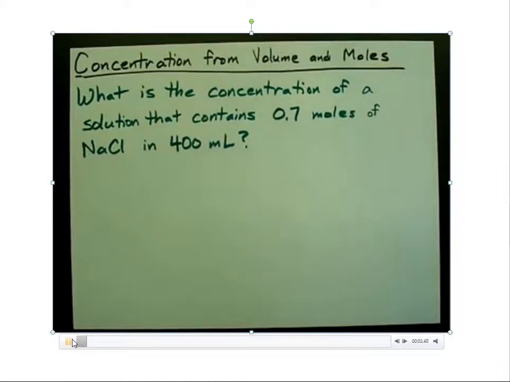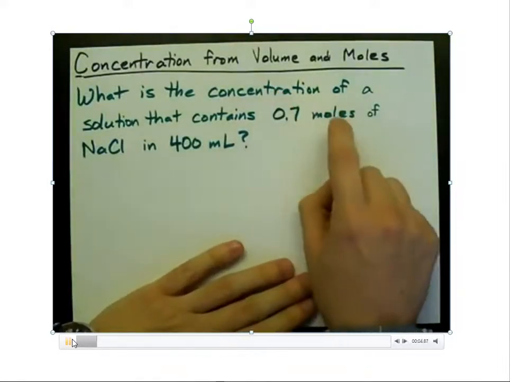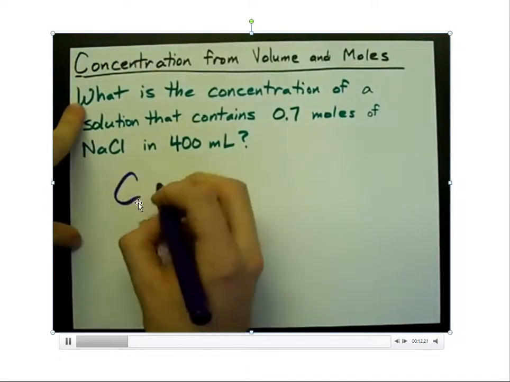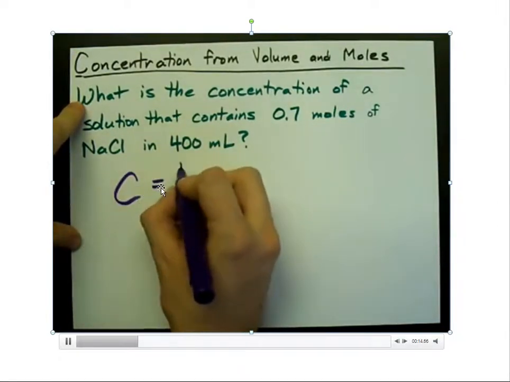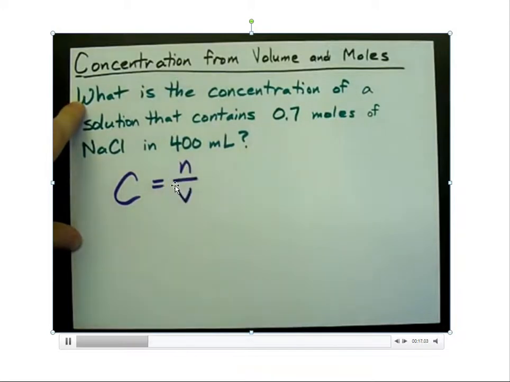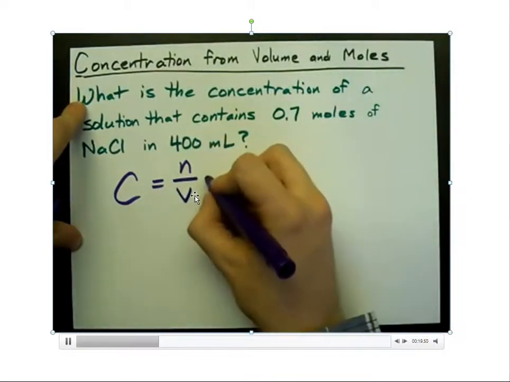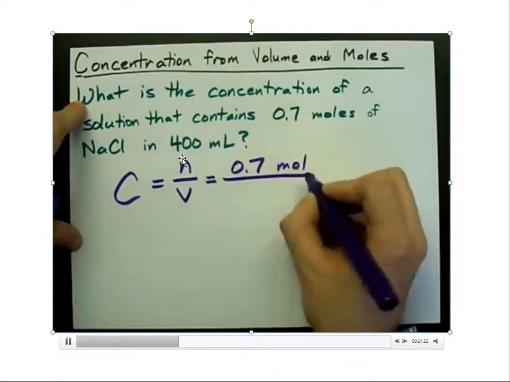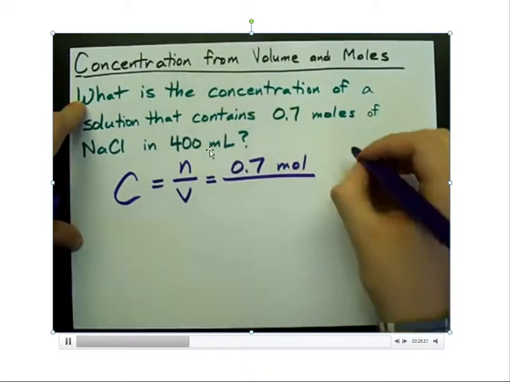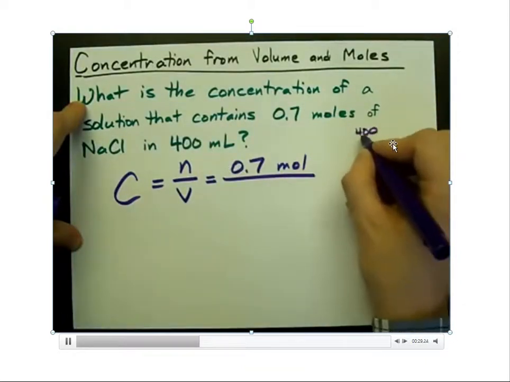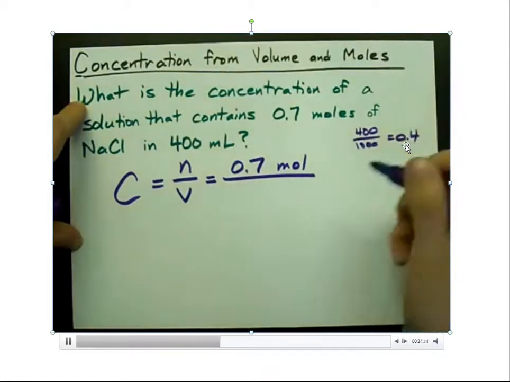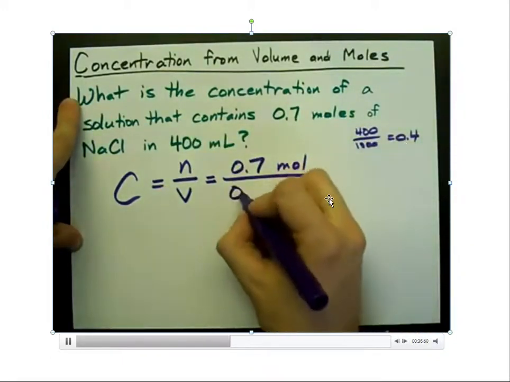So let's solve this question. What is the concentration of a solution? Basically 0.7 moles is given and the volume is given, right? The concentration formula is number of moles divided by the volume. The number of moles over here is 0.7. 400 is the volume, but 400 is in milliliters, so I have to divide it by 1000 to make it liters, which is decimeter cube, the standard unit.